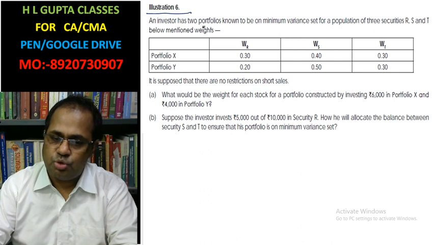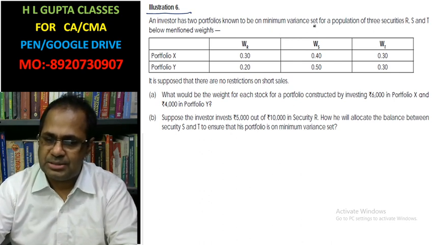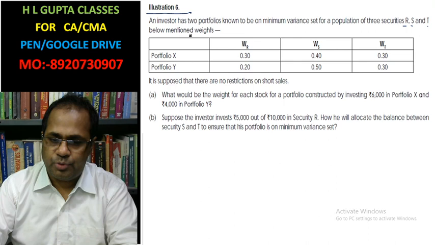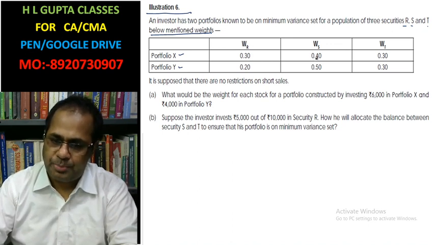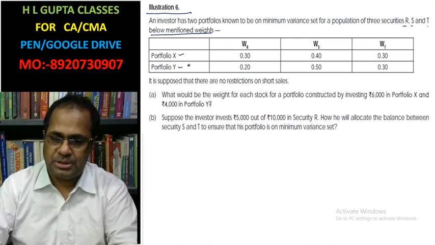An investor has two portfolios known to be minimum variance for a set of the population of three securities R, S, T, with the below-mentioned weights. Portfolio X: security R 30%, security S 40%, security T 30%.